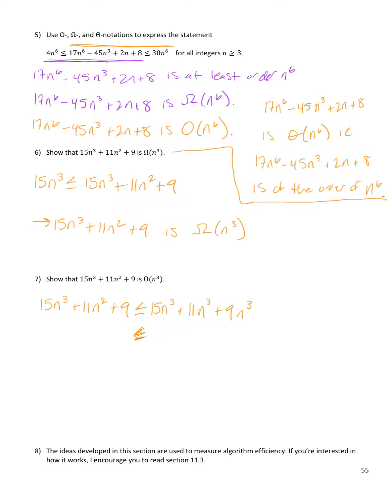Let's see, that's 35n cubed. Okay, so 15n cubed plus 11n squared plus 9 is smaller than or equal to a multiple of n cubed, which means that 15n cubed plus 11n squared plus 9 is big O of n cubed.